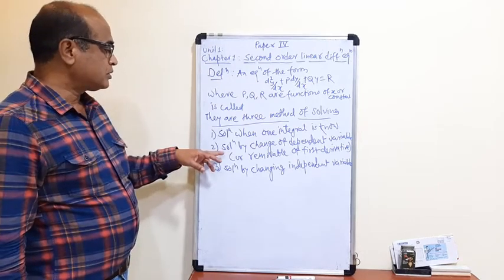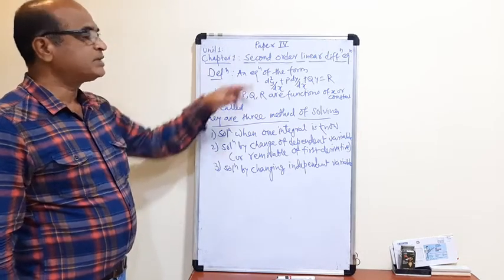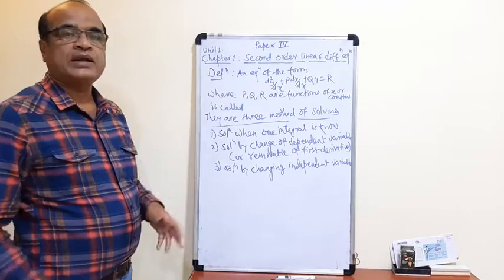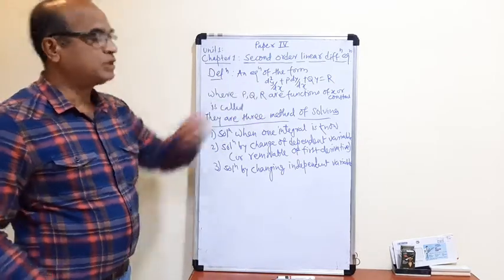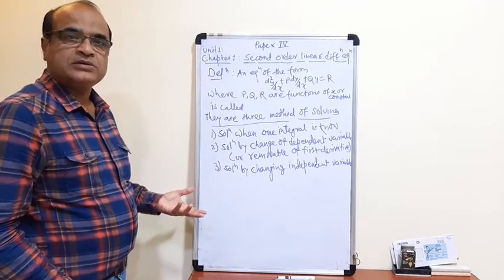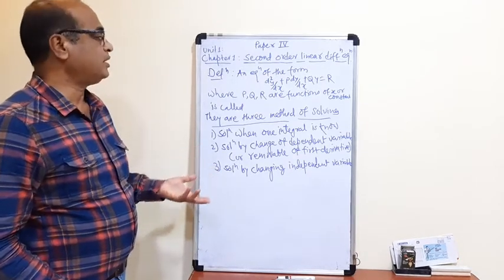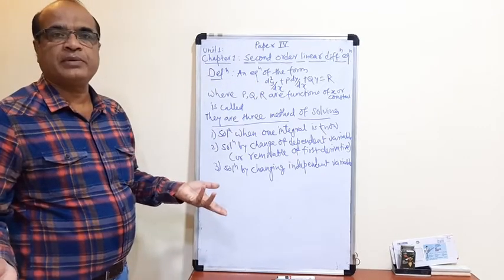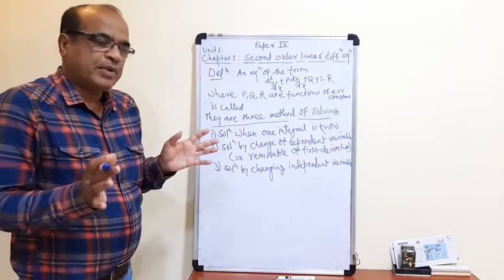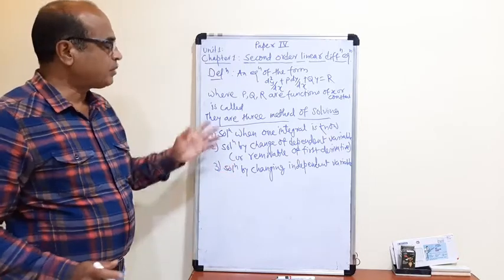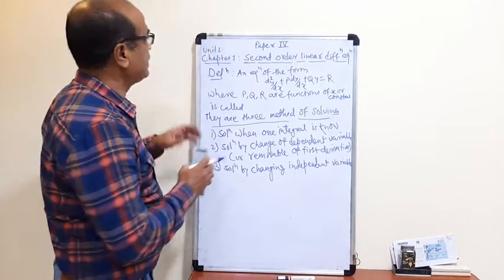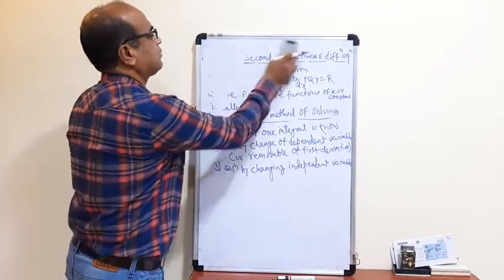Solution by changing the dependent variable means substitute y with something, change that variable, solve it and remove the first derivative. The third method changes the independent variable x with a particular substitution and obtains the solution. So these are the three methods of solving the second order differential equation.